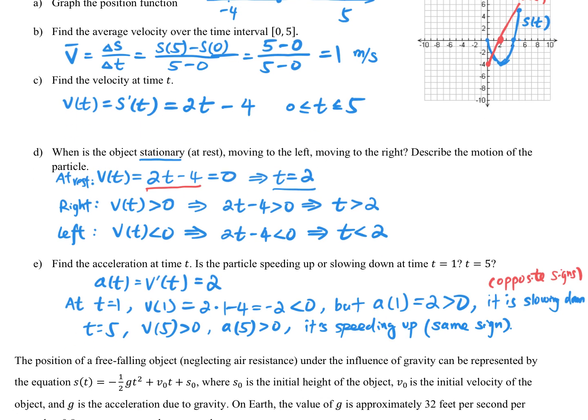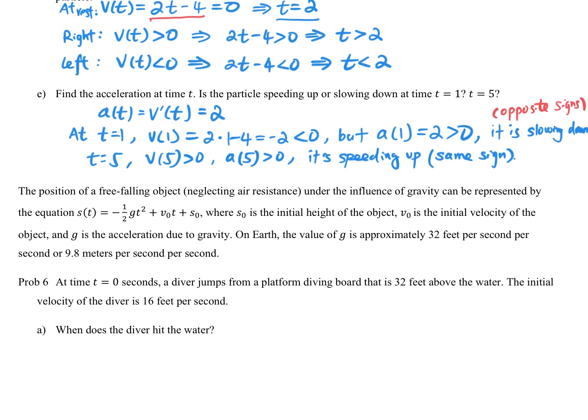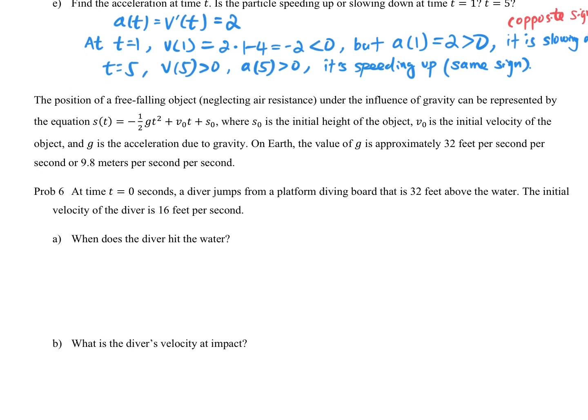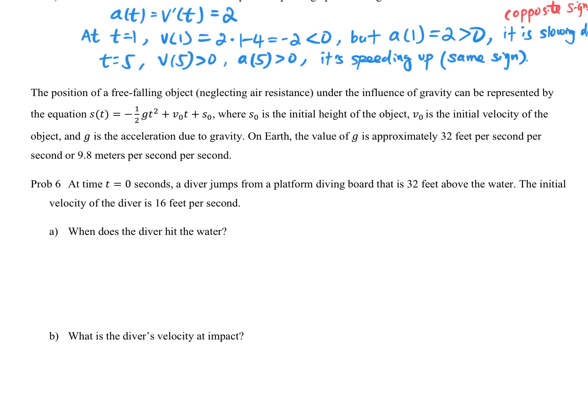All right, lastly, let's finish up this lesson by looking at another very classical example, the free fall object problem. The position of a free fall object, assuming that we neglect air resistance, under the influence of gravity can be represented by this equation.